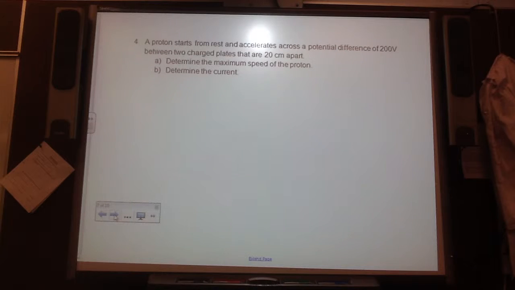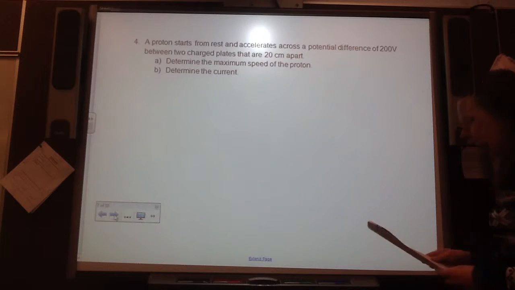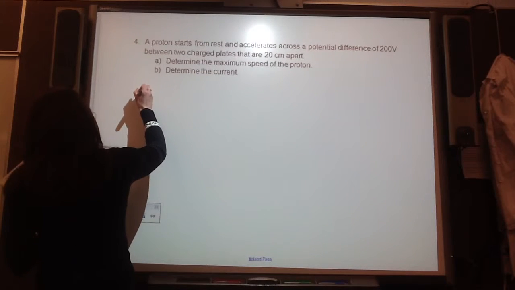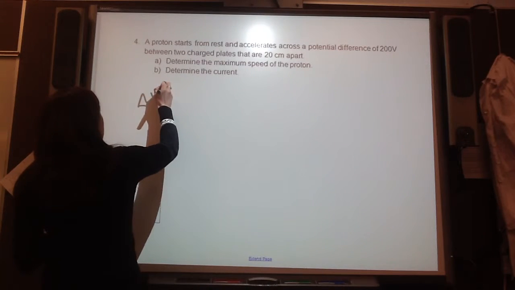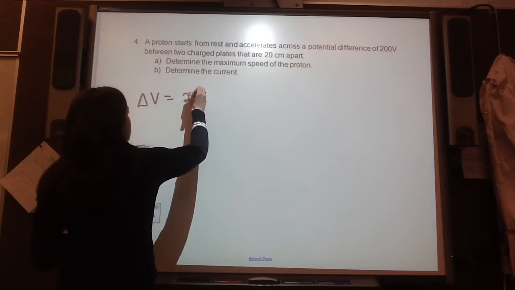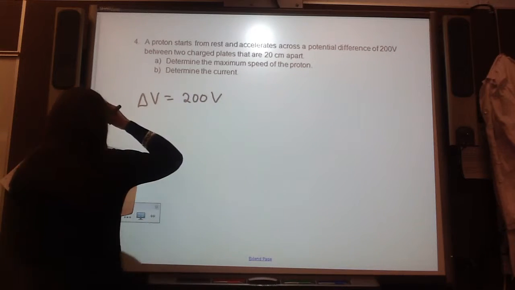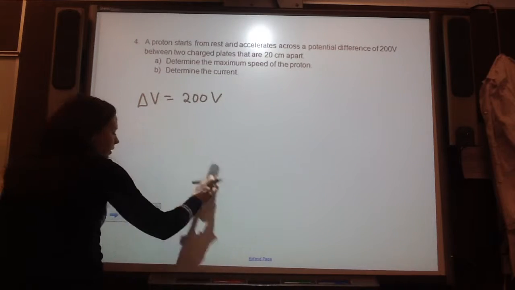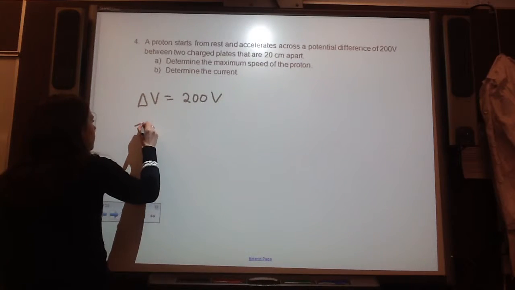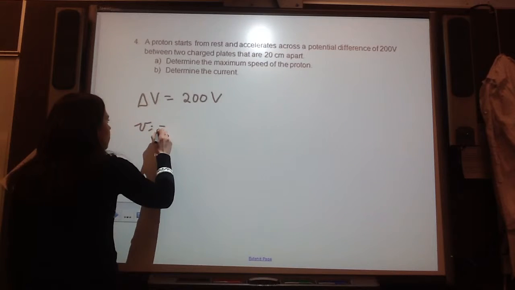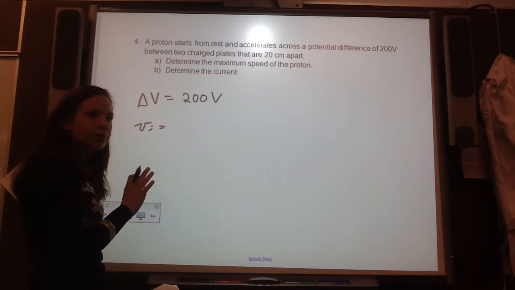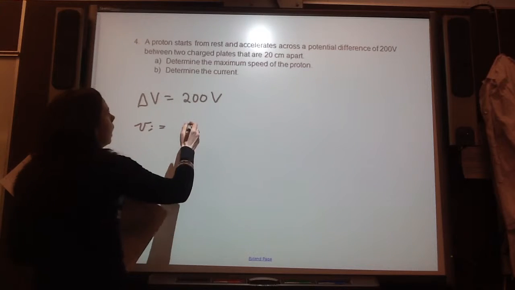Okay, so let's write out everything that we know so far. We know our delta V is equal to 200 volts. I'm going to use a handwritten v for my speed, because then it looks different than delta V, else I get mixed up.